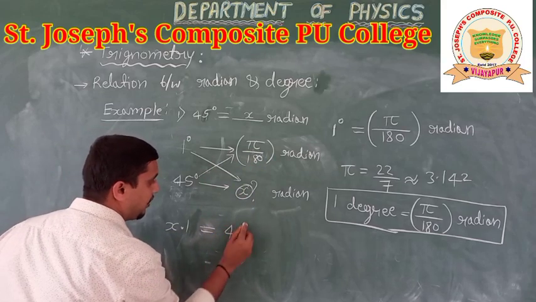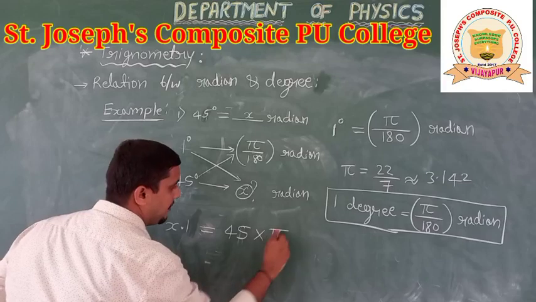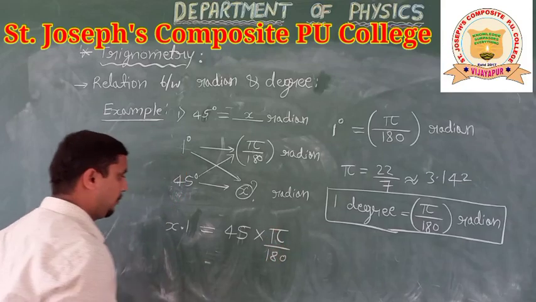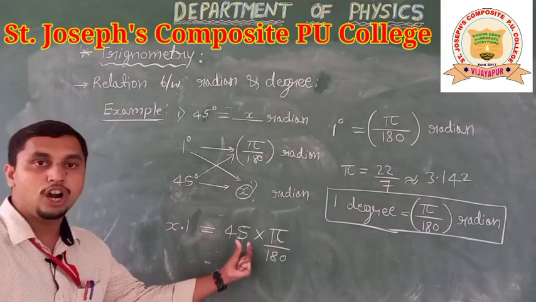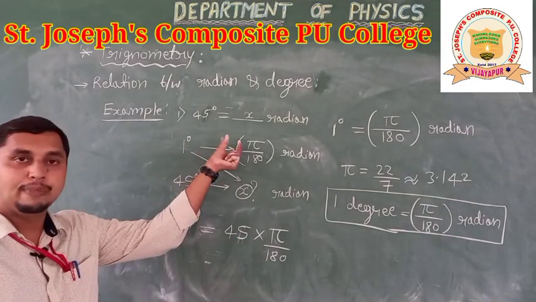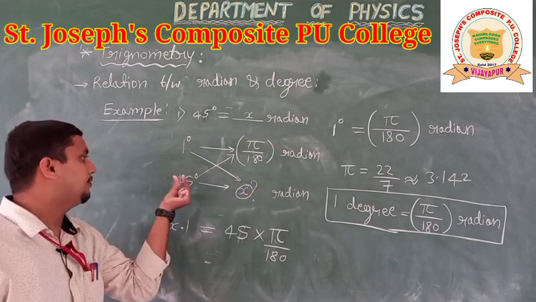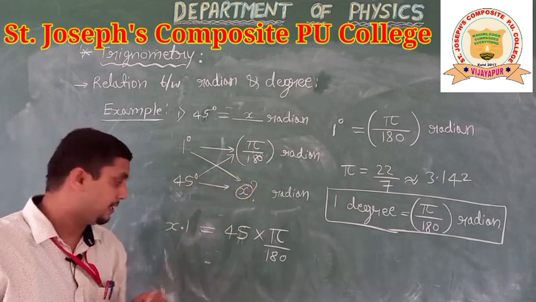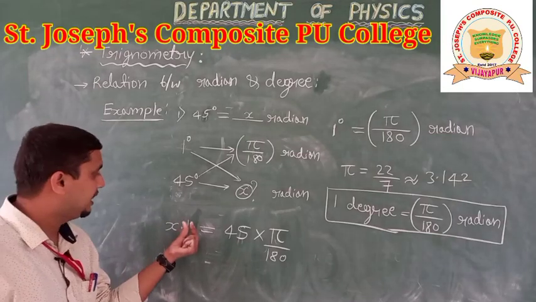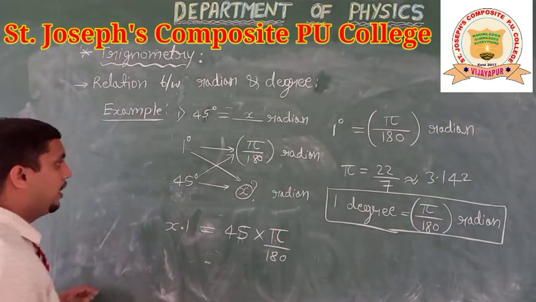Therefore, 45 into pi divided by 180. I hope you got an idea. That is the cross multiplication method. 1 degree is nothing but pi by 180 radian, then 45 degree is nothing but how many radian? So, x into 1 is equal to 45 into pi divided by 180.